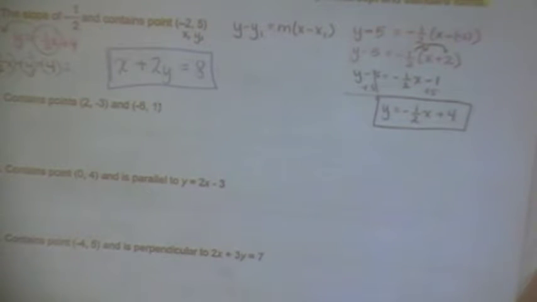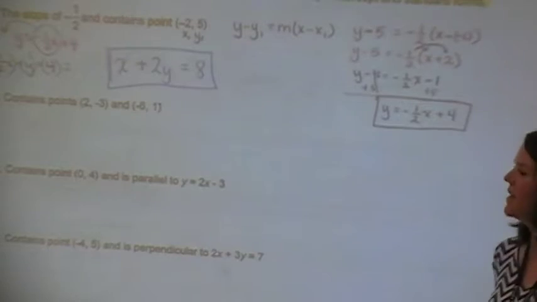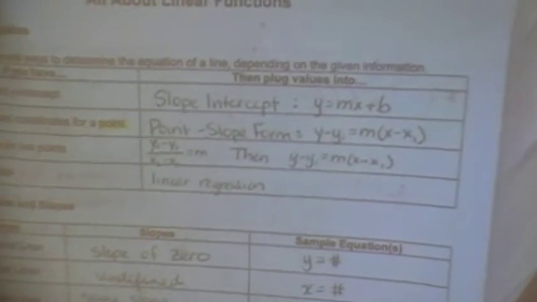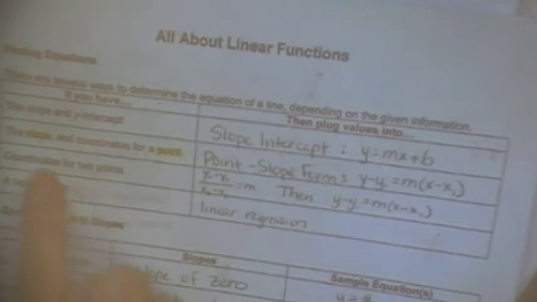Okay, the next one says I have 2 points, 2 and negative 3 and negative 6 and 1. So my little chart tells me that if I have the coordinates for 2 points, then first I have to use this formula, and then I have to use this formula.